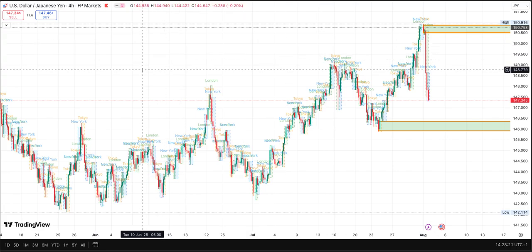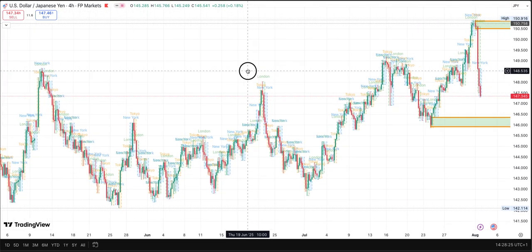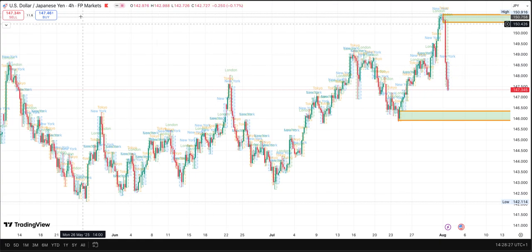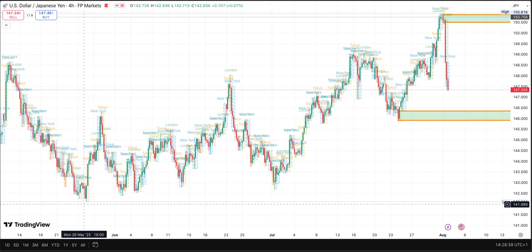So in a chart like this, which is the UJ, you could see that from the beginning of the trend at this point, we have the lower low and lower high, lower low and lower high coming down to this point.